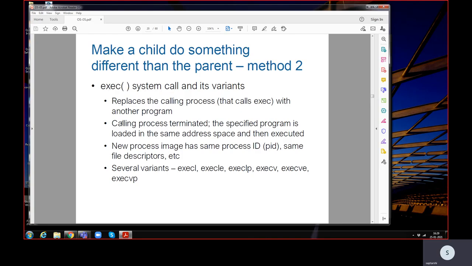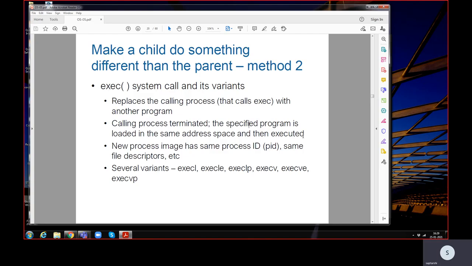So then what will happen? The program that you are running, for all practical purposes, will be terminated. That program will no longer run. Rather, the specified program, in our case the executable of ls, will be loaded in the same address space and then executed. So now this process will no longer run according to the code you had written.